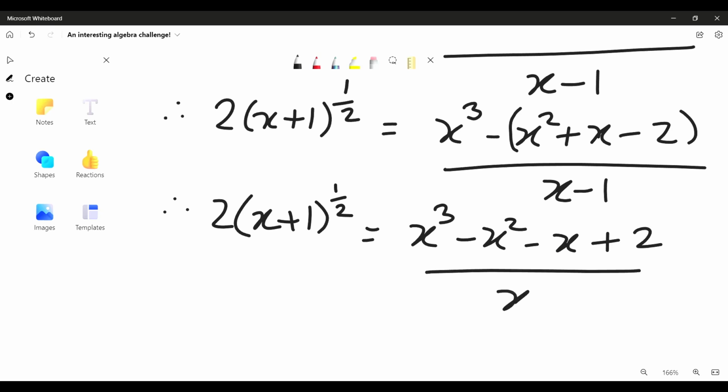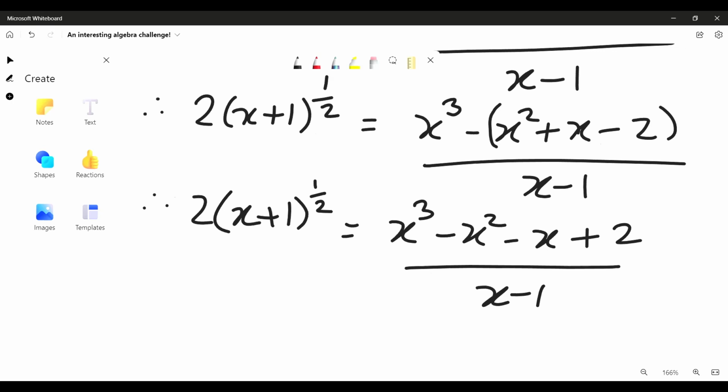over x minus 1. And you may be thinking, why did I just expand it out again? I was just talking about factors. But the goal here is to achieve this polynomial in the numerator, because with a polynomial, we can try factorizing it. This polynomial here is very important.